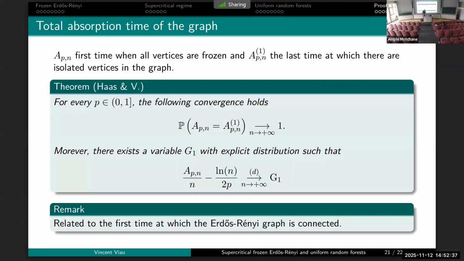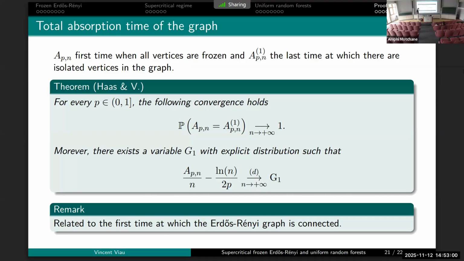And so thanks to our fluid limit result, what we proved with Benedict is that this time is actually close to n log n over 2p. So if you consider the first time when all vertices are frozen, divide it by n and subtract log n over 2p, you get a convergence to some random variable.